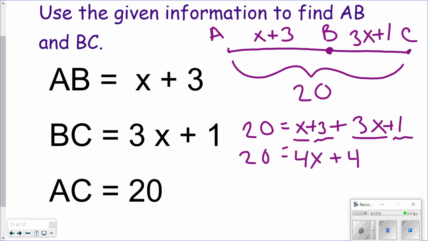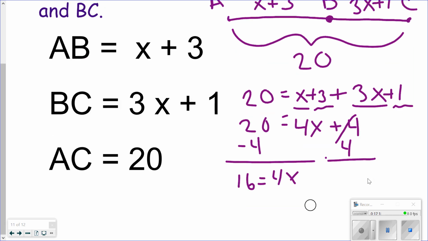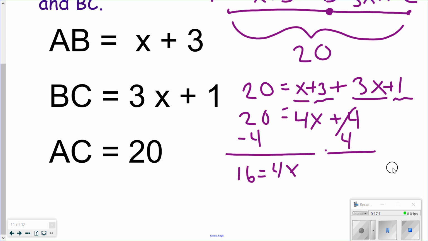I need to get x by itself, so I'm going to subtract 4. Those cancel. So 16 is equal to 4x, which means 4 is equal to x. All right, I need to plug my x back into my segment equations.